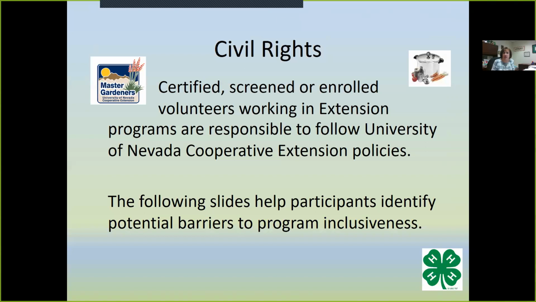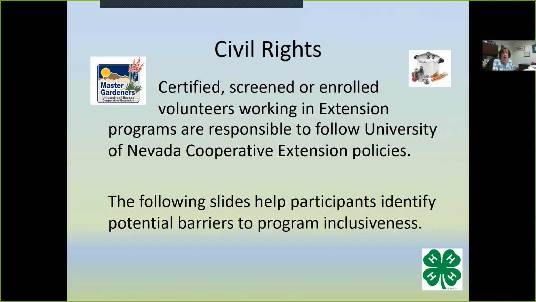The other piece, unfortunately, and I know it's more paperwork, is that all of our clubs are going to have to sign a document every year that states that they understand what our affirmative action and civil rights requirements are. And then that will be put into their file. So it's just one of those things that USDA is starting to make us do.